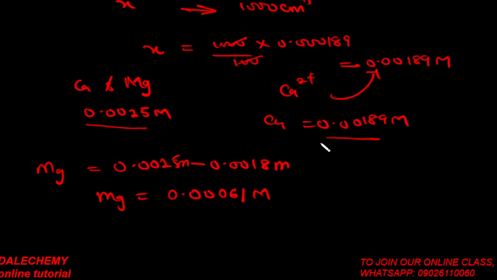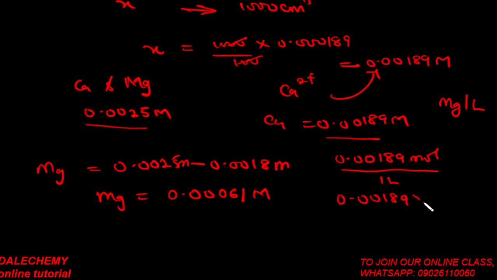Now you want to get it in milligram per liter, and you have gotten it in mole per liter now. So it's very easy to convert. We have 0.00189 mole of calcium in 1 liter.